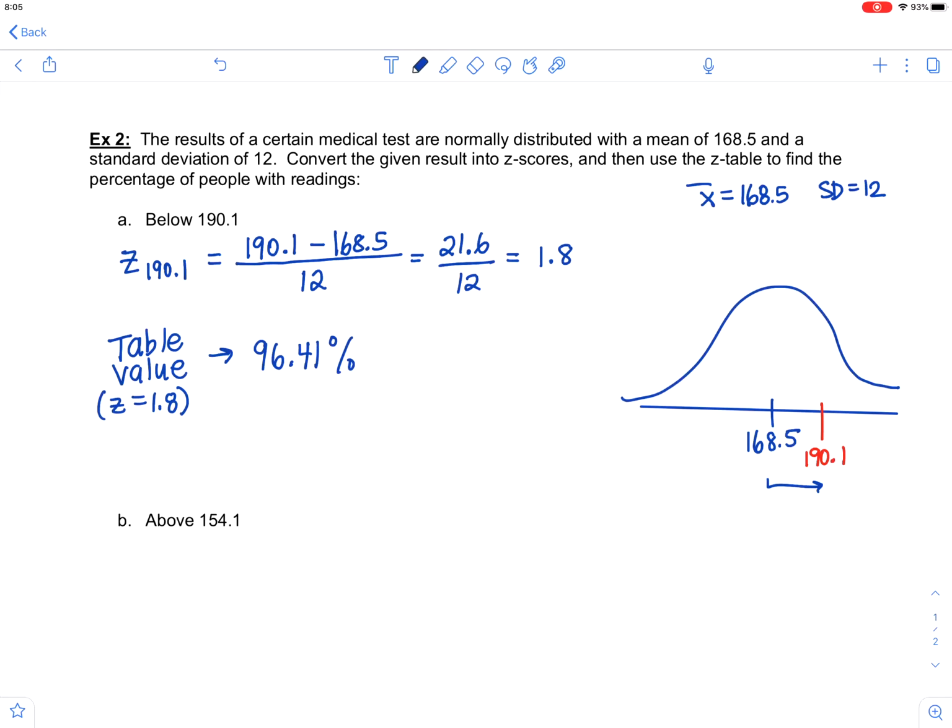That table value is always telling you the percent of data below that score. And that's what's asked in part A. It says what percent of people have a reading below 190.1. So the 96.41% in this scenario is your result. It's your answer.